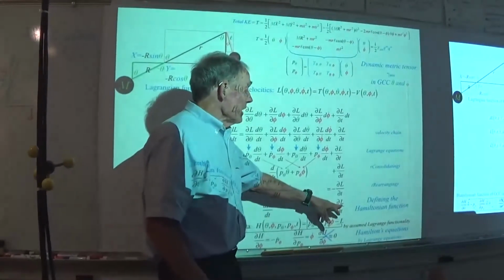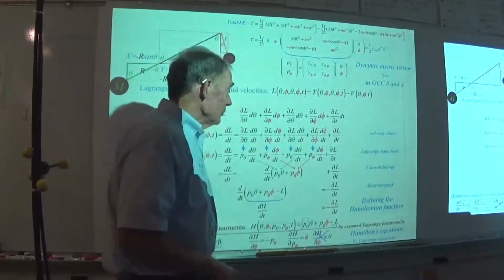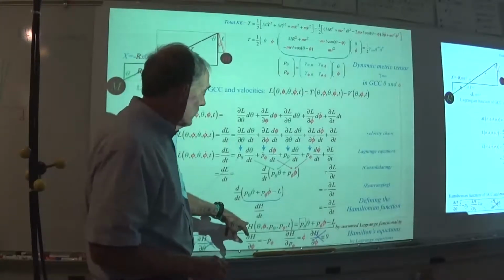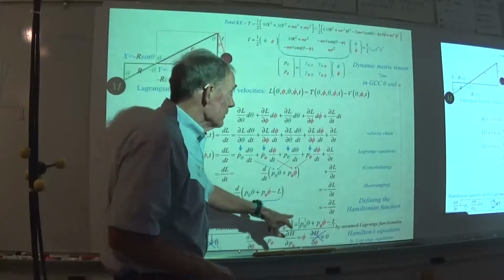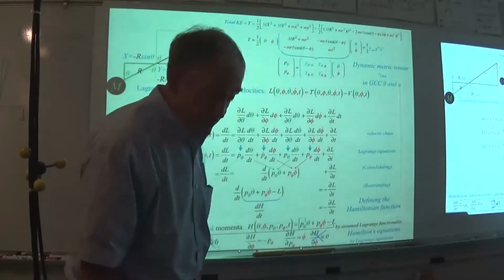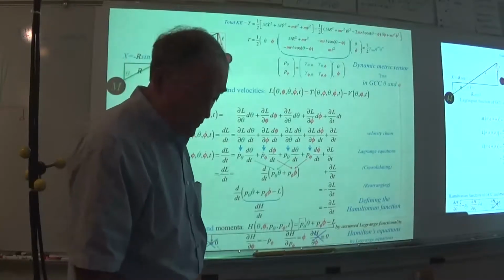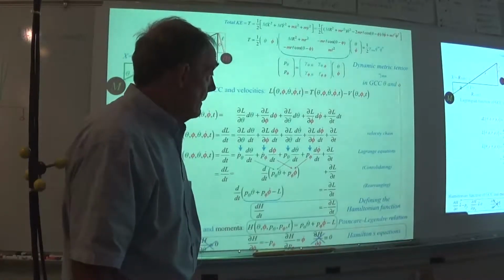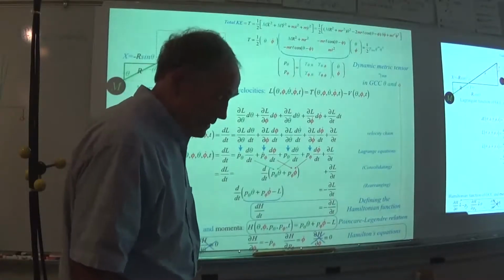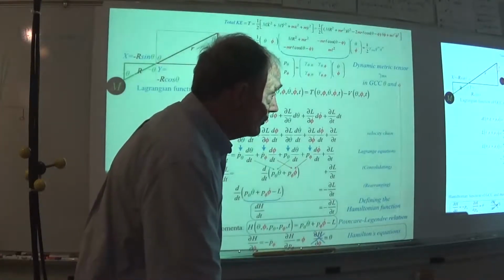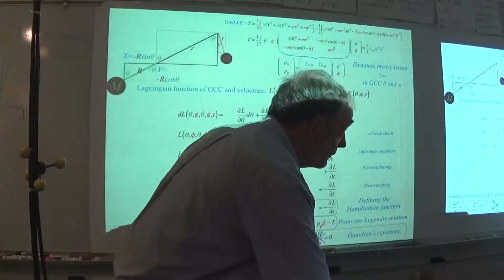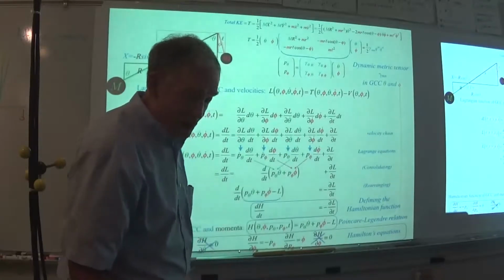L has no explicit time dependence, which we mostly do for almost all the problems that we're looking at for the next few weeks here. If that's the case, this is 0, and h is a conserved quantity, will not change with time. Okay. Let's see if there's anything else that I need to put here. This is just reiterating what we have written down here and on the wall.